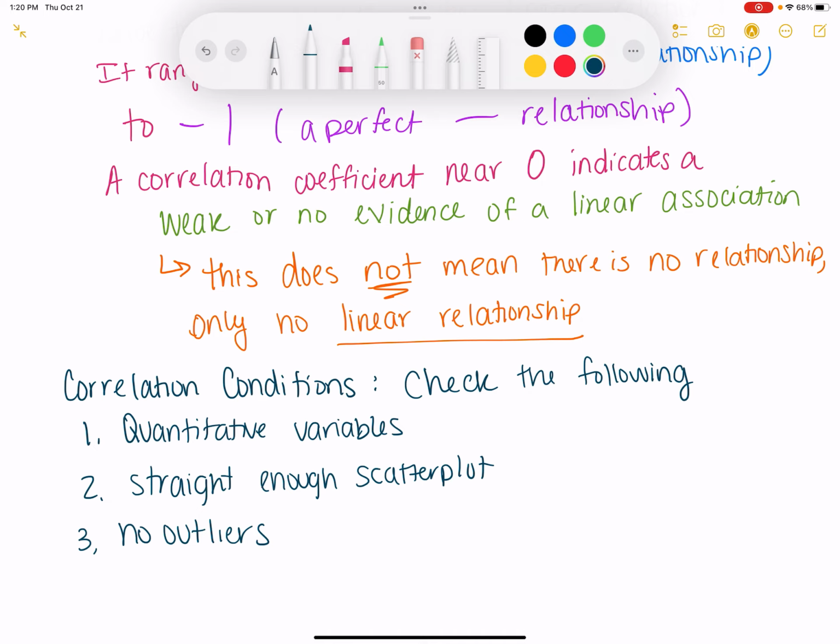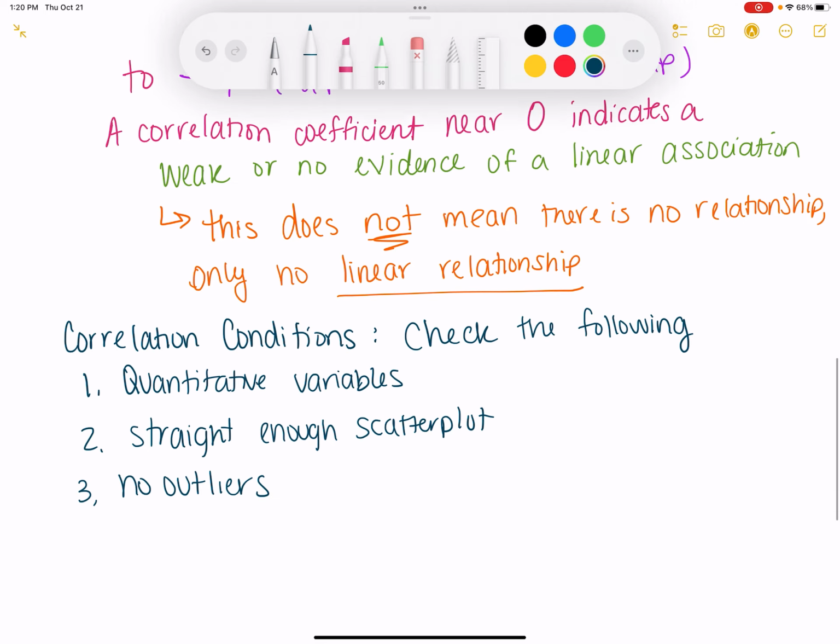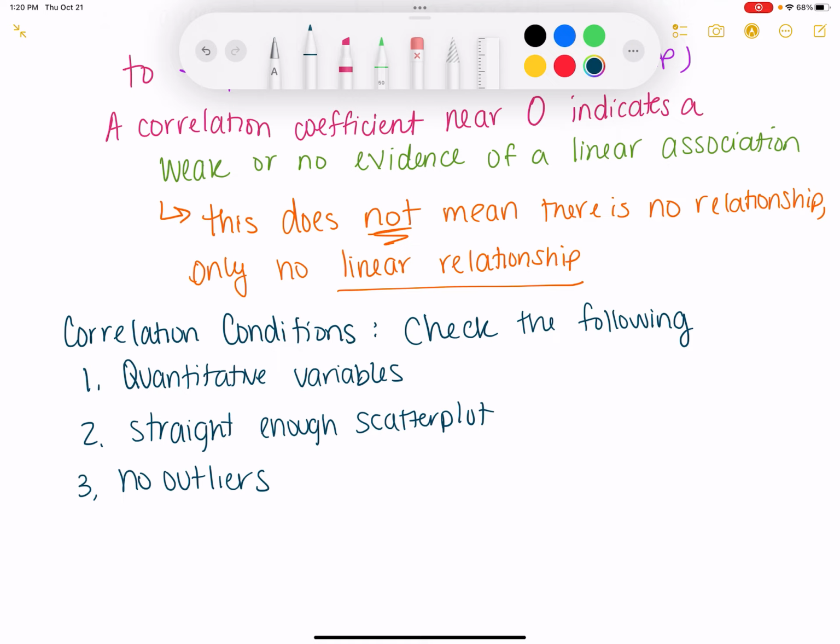It's got to be straight enough, meaning it's not like all over the place like that second graph we drew earlier, and no outliers. You don't want to have all your data lined up together and then like 2 out in Antarctica or something like that. They need to all be there together. And all of these things we check by examining the scatter plot. Well, the straight enough and the outliers you're checking by examining the scatter plot. Quantitative variables, you should be able to look at the problem and tell.